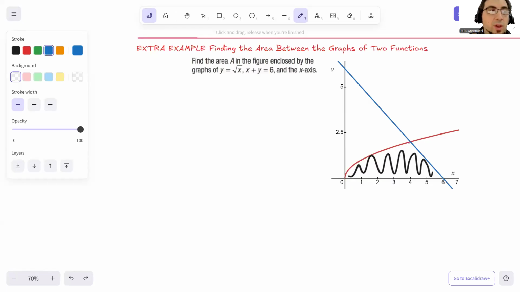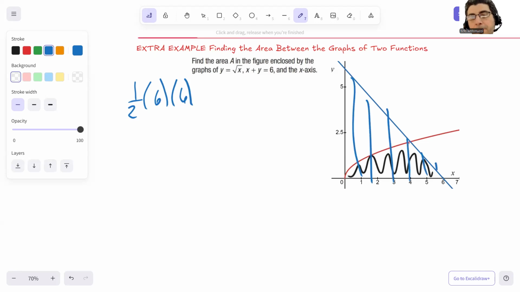Still, yet another way to get the area is to think of the line as making a giant triangle. So the area would be 1/2 times 6 times 6. All right, that would give you all of this, right? But what we don't want is this almost kind of shark fin looking region right there.